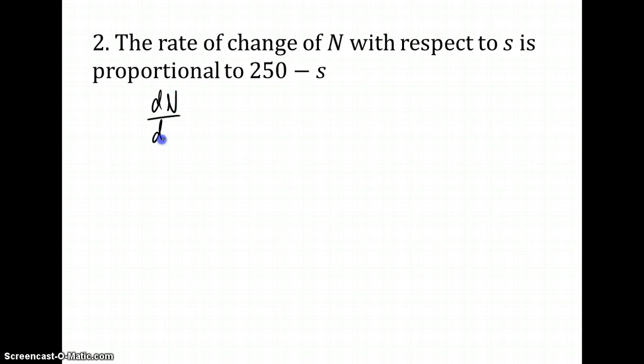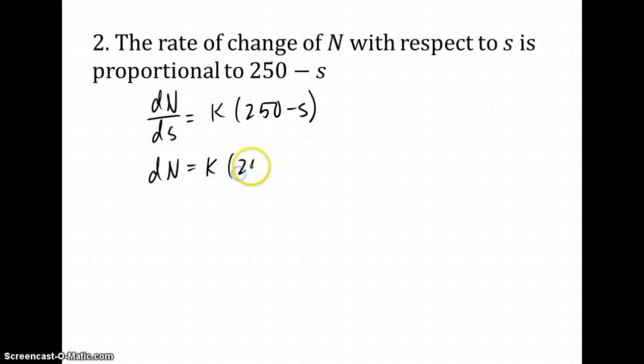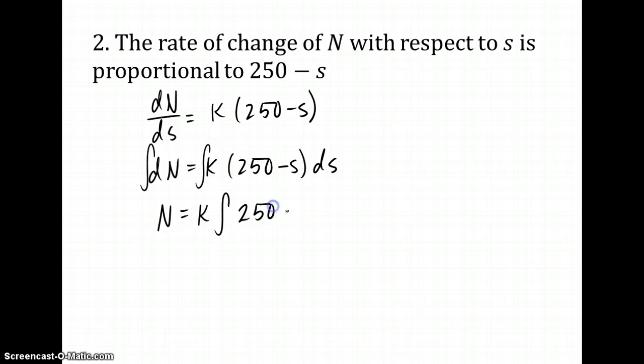Rate of change of n with respect to s is proportional to this quantity. Separate the variables. When we go to integrate both sides, k is just a constant, so we can bring that out if needed.